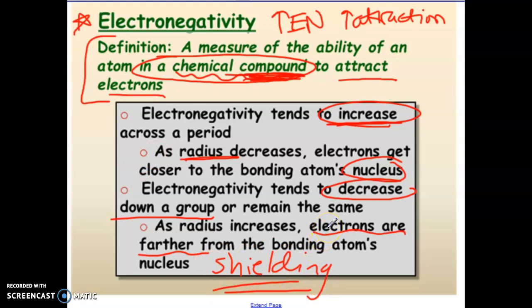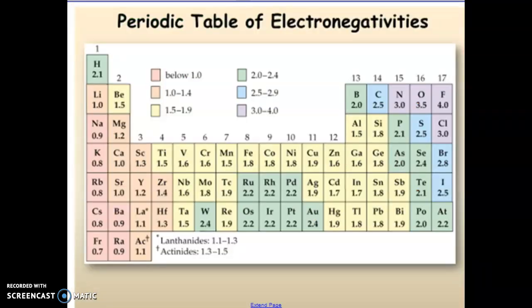Okay, now there are exceptions to this trend, and you'll see in this next picture what I mean by that. There's going to be exceptions to every trend or every model that we look at in chemistry. But when we're talking about trends like this, like increasing or decreasing, we're looking for the general idea.